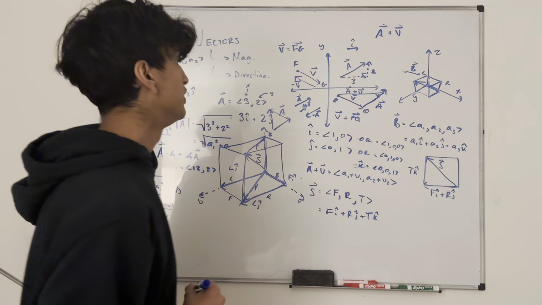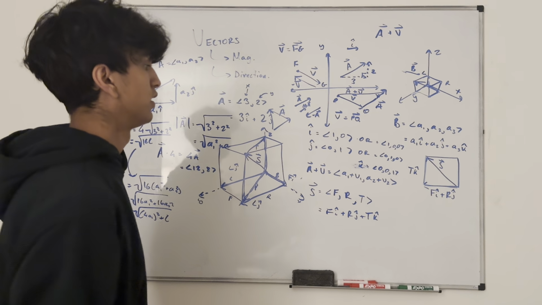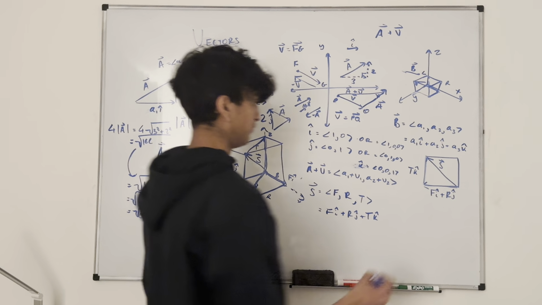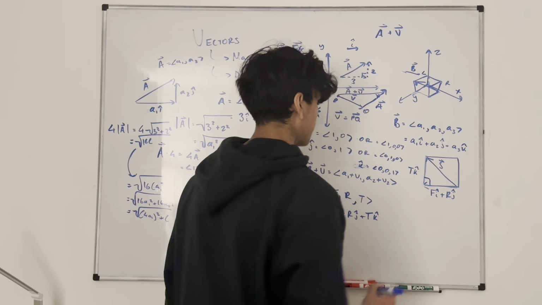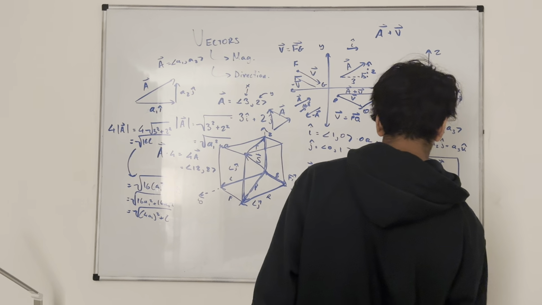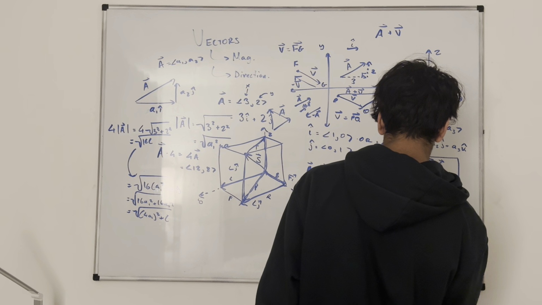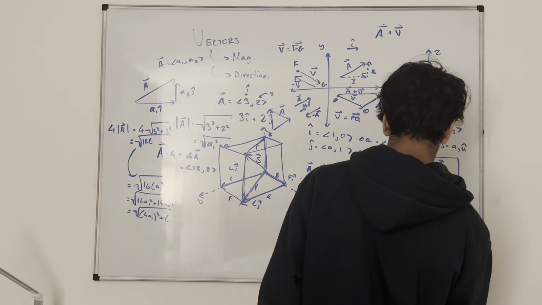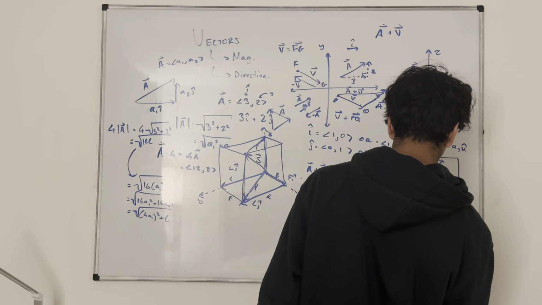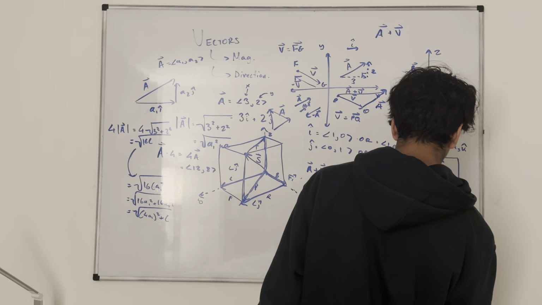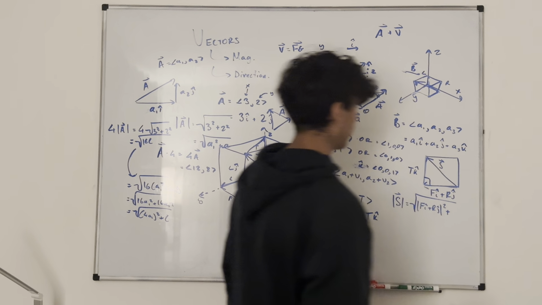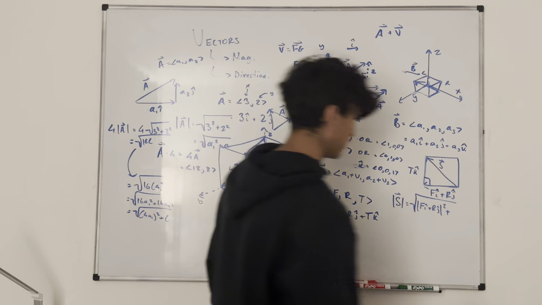So the length of s, if this is a right triangle right here, the magnitude of s would be equal to the square root of the magnitude of F i hat plus R j hat squared plus the magnitude of T k hat squared.